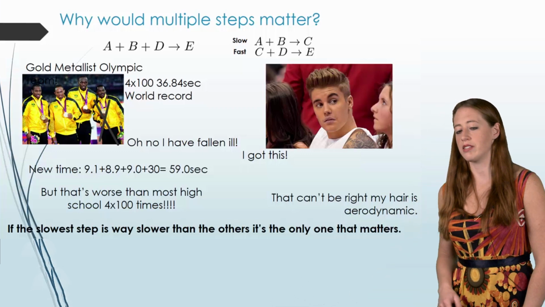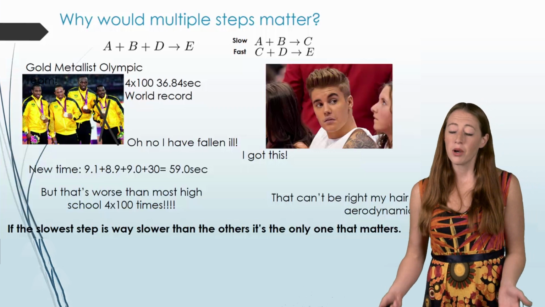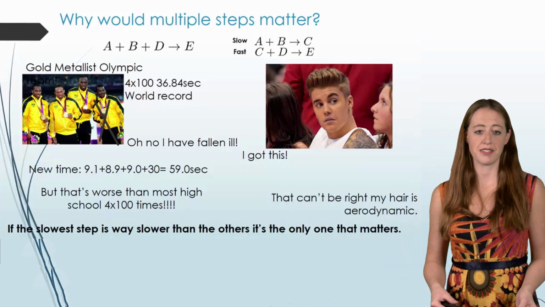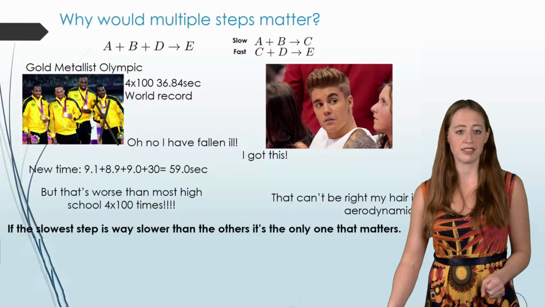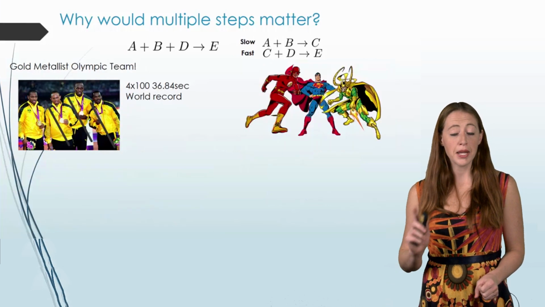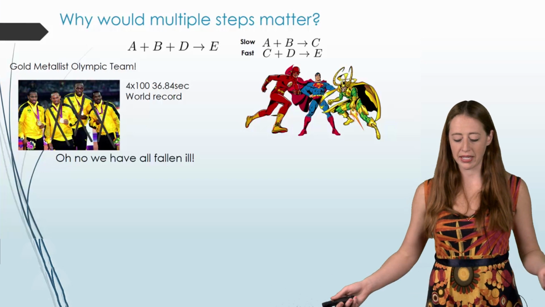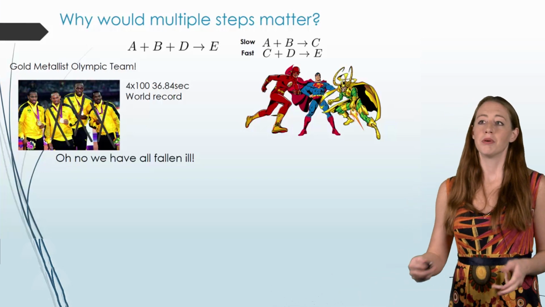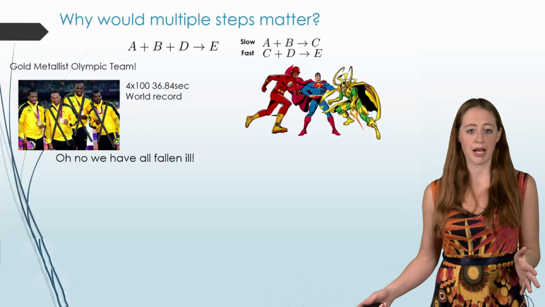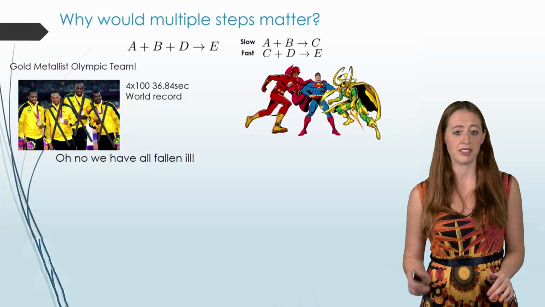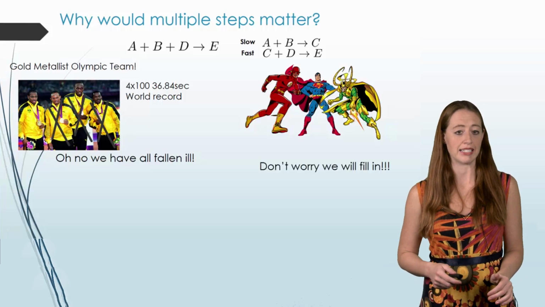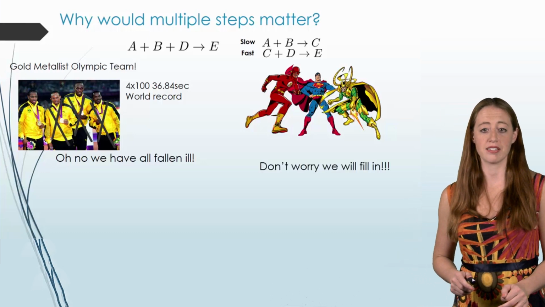Now you might say, well, what's slow and what's fast? Give me a number here. Well, we can't really do that because it just depends. So let's take this example again, but now three of them get sick. Three of them can't run the relay race anymore. But we decided Justin Bieber's out, no more pop sensations in the relay races. Now we're going to bring in DC's finest, and they're going to take over for us.